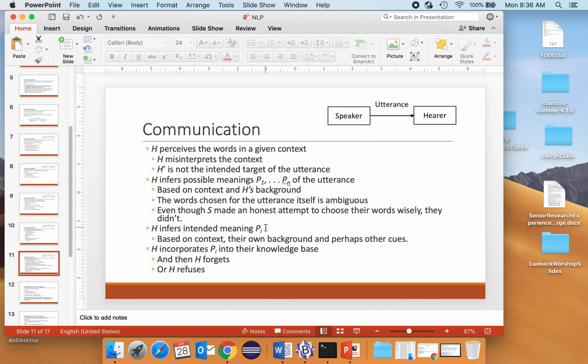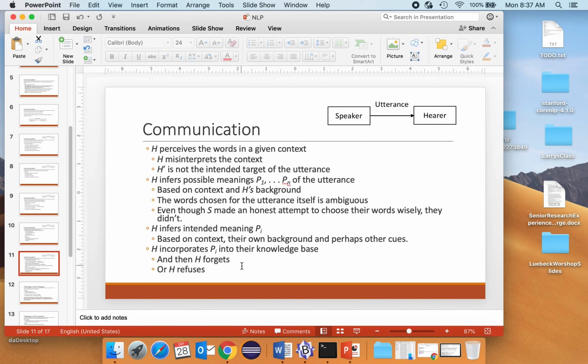H infers the intended meaning from one of these perceived possible meanings. And again, based on the context, their own background, and perhaps other cues, they choose. And of course, things can go wrong. Ideally, H, if it's a fact, incorporates that meaning into the knowledge base.